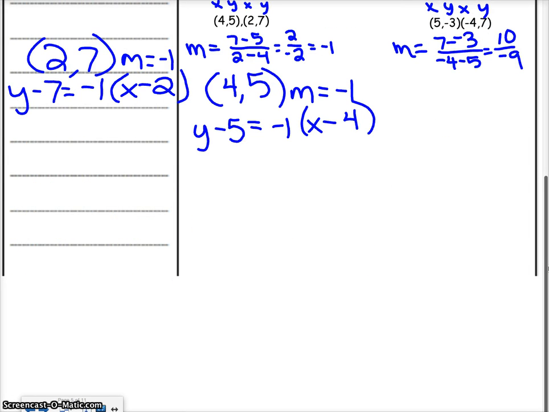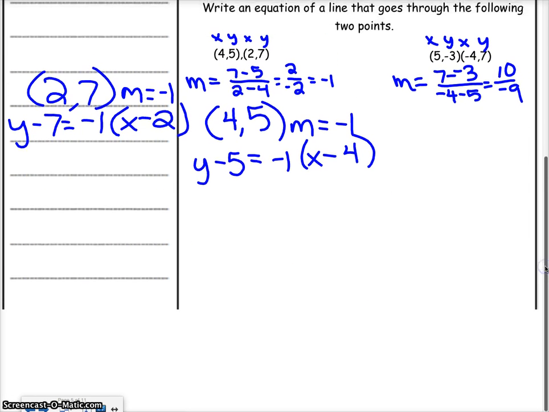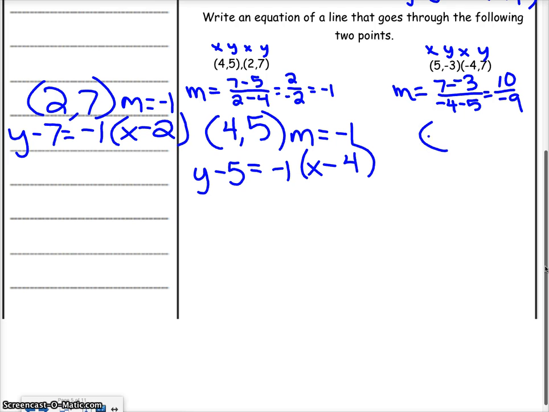Does it matter which one I do? Not at all. Oh my gosh. Okay, so pick a point, negative 4, 7, m equals negative 10 ninths. Notice that I just kind of threw my negative to the outside. That's okay that I did that. Now plug it in.